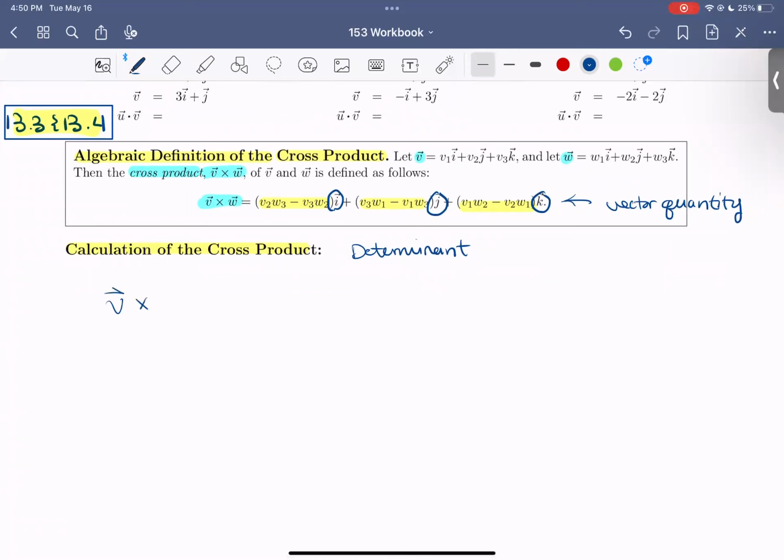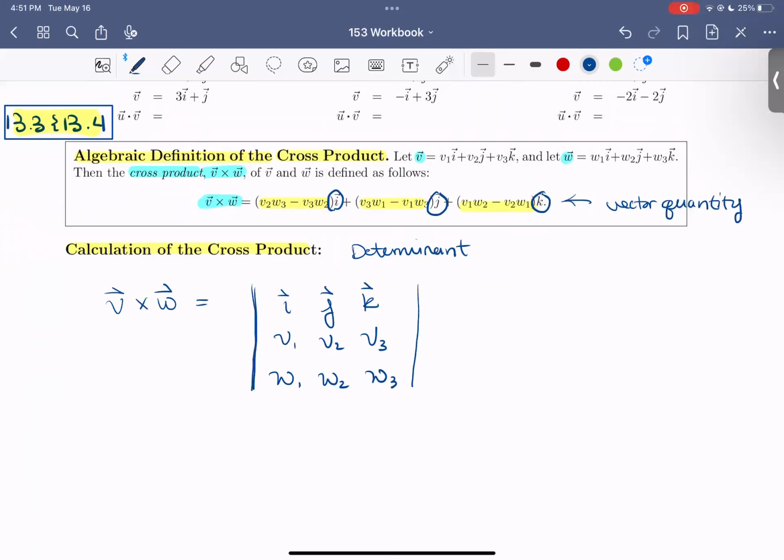To compute the cross product between v and w, we're going to write out the following matrix or array. I'm going to start with my i, j, and k. Then I'm going to list out the components of v, v1, v2, v3, and then the components of w, w1, w2, w3. Then, as some notation, I'm going to put in these two brackets.